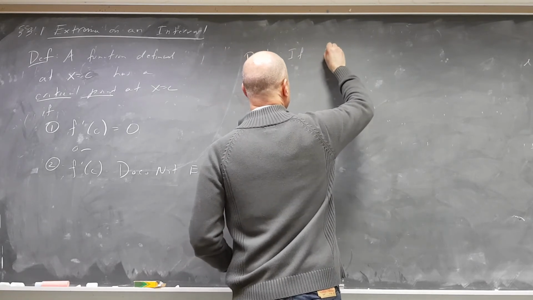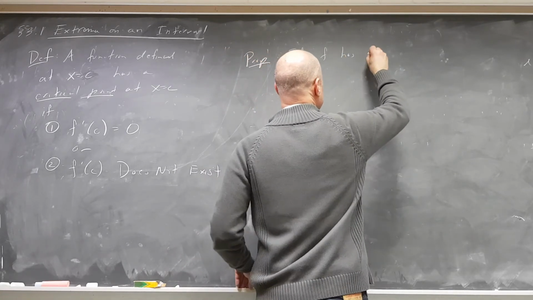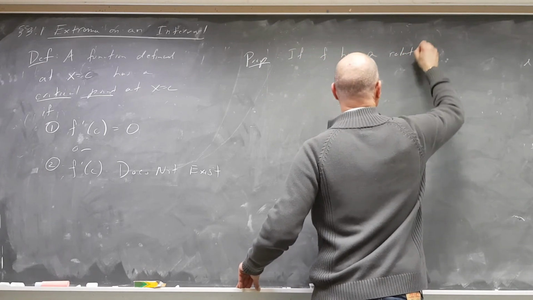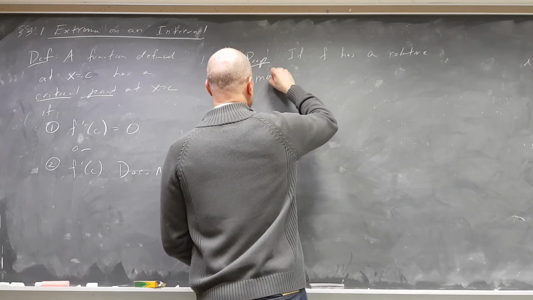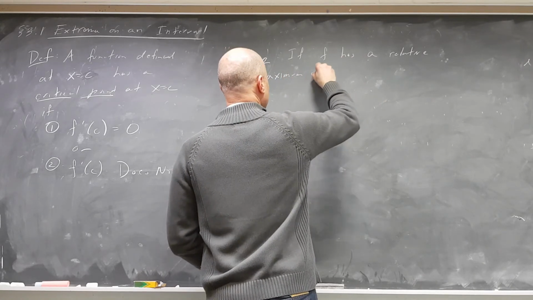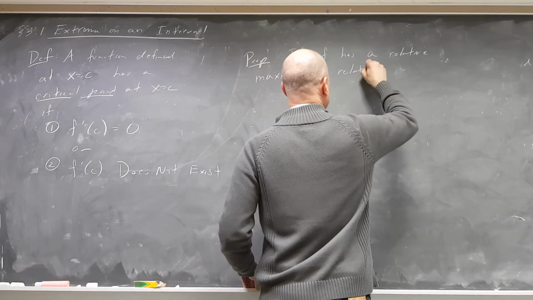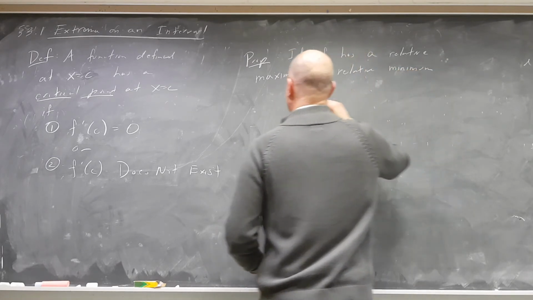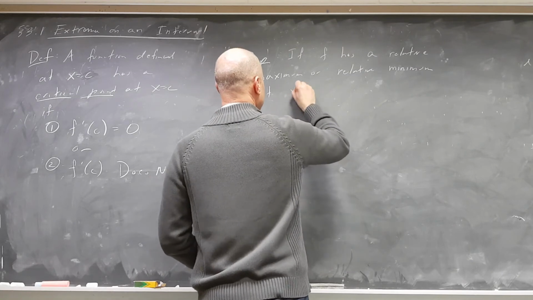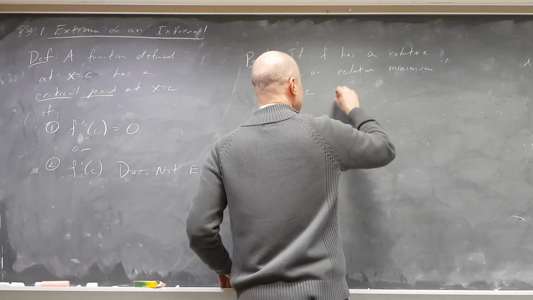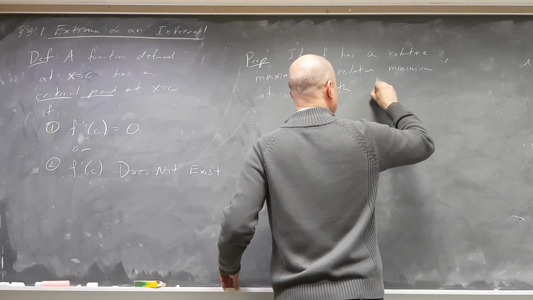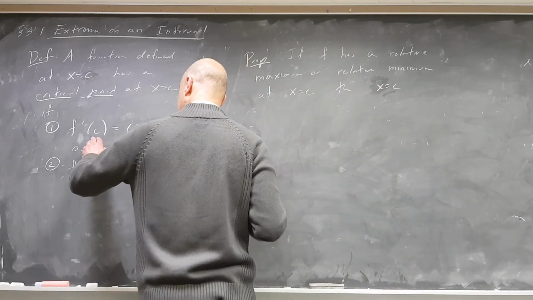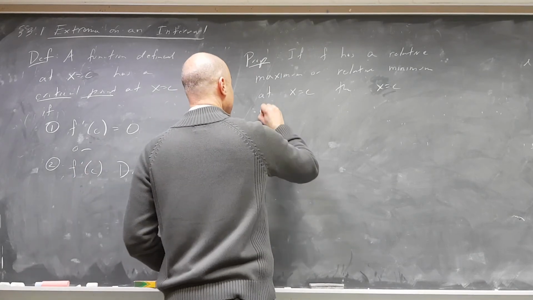If f has a relative maximum or relative minimum at x equals c, then x equals c must be a critical point. Either the derivative is equal to 0 or it doesn't exist.